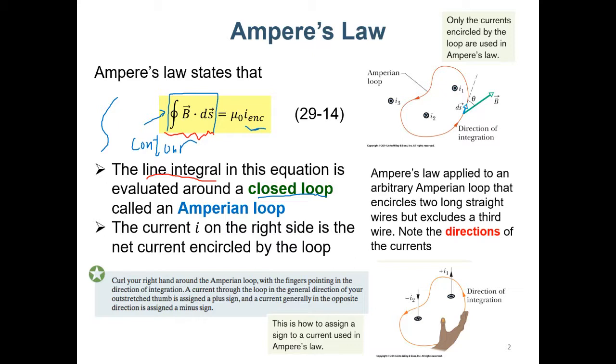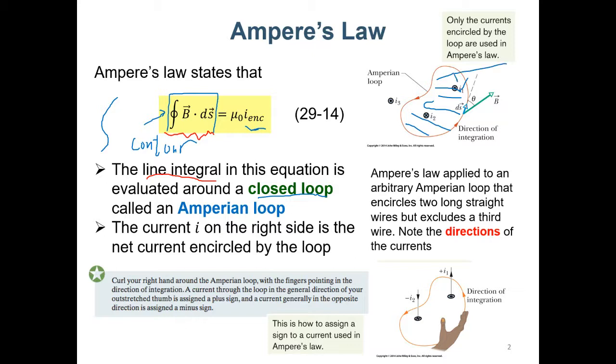I enclosed means the current going through this contour, because this contour has a surface, and we only count the current going through this surface.